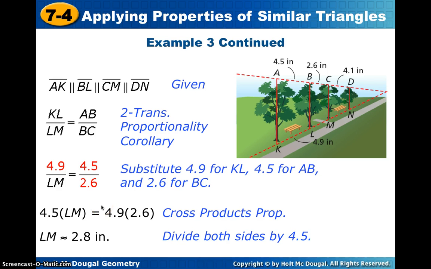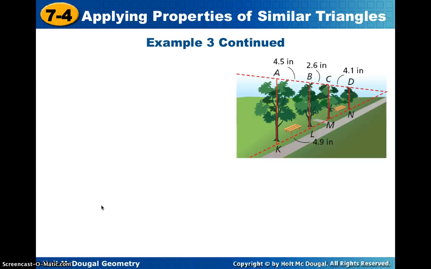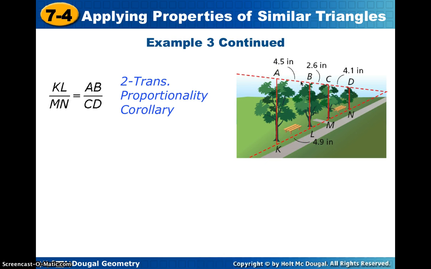Oh, I'm sorry, we have to find the other piece. So they also asked us to find MN. To find that, we're going to use the same ratio that we had before with the KL and the AB. So we're still going to use KL and AB, but this time we're going to use MN and CD.